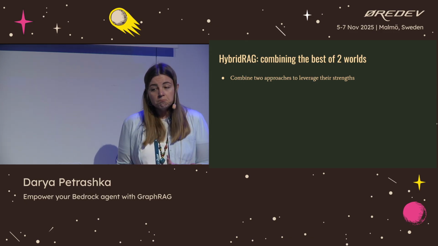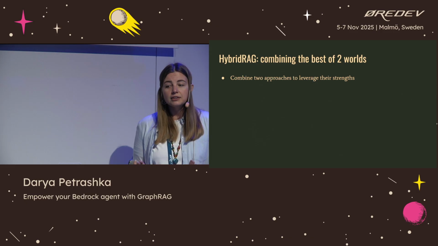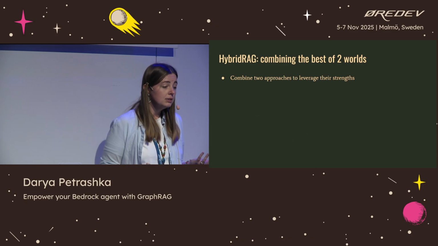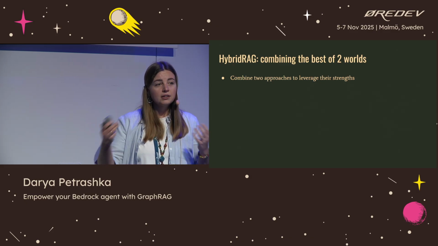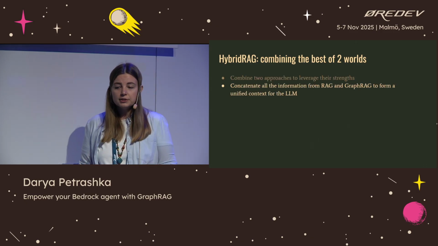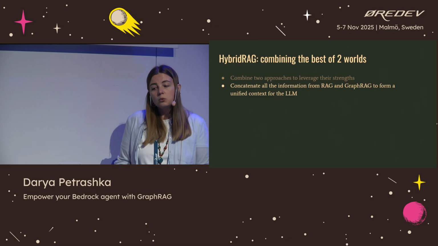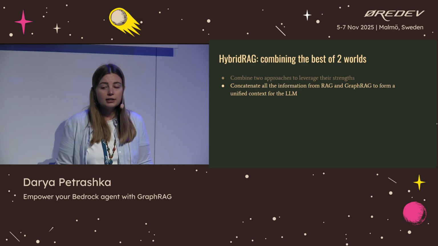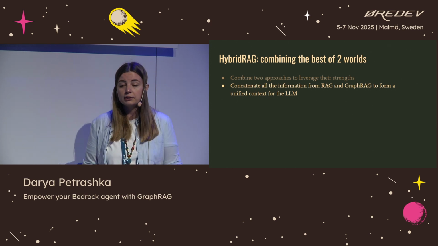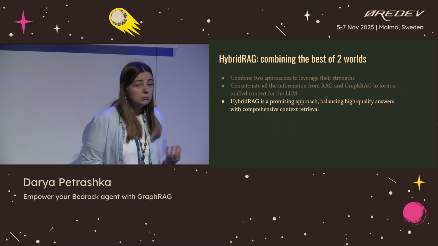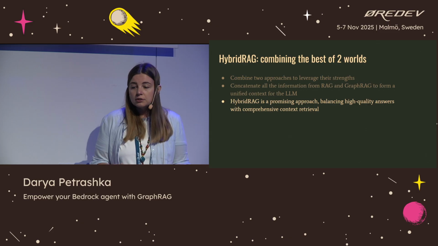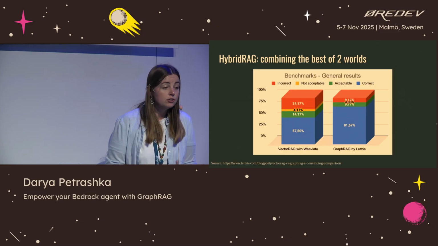So it was a pretty interesting idea to combine them, to do something like a hybrid RAG, leveraging strengths so they can support each other during the retrieval process. We can concatenate all the information from RAG and GraphRAG to form a unified context for the large language model. It is a promising approach because they can support each other and bring additional insights.